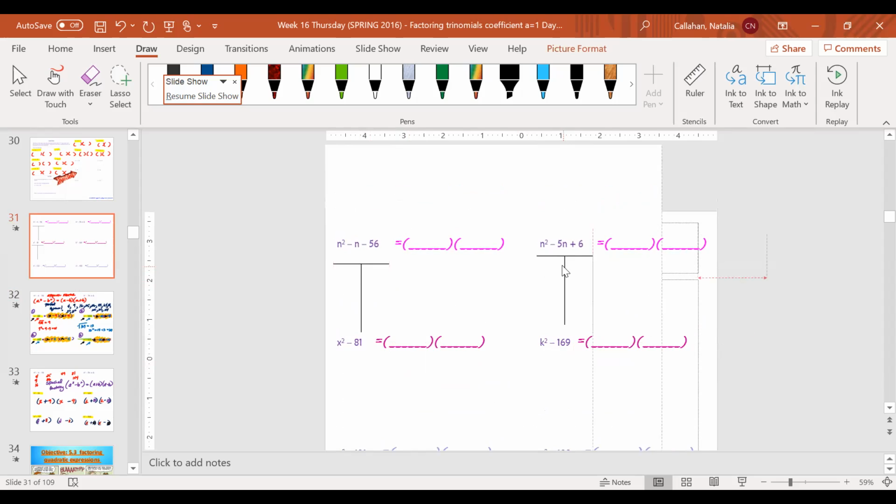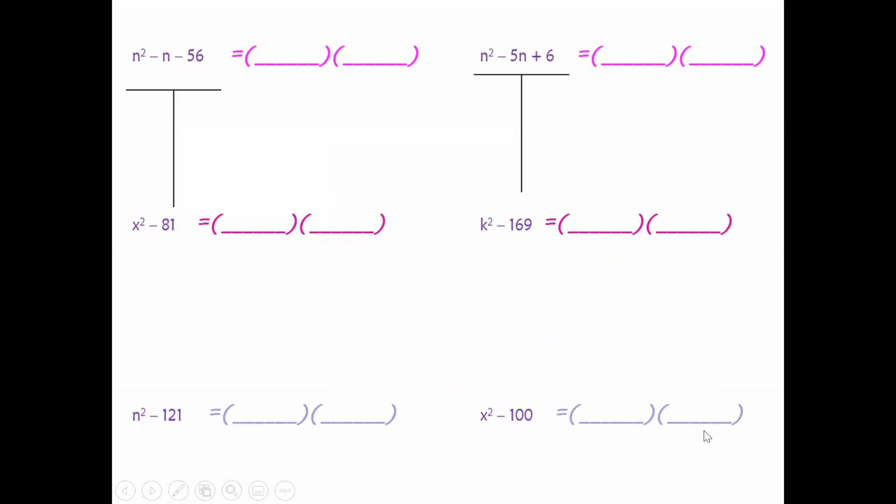Okay, and you just want to draw the T table under the first two. Cool. Now what we're going to do is let's go ahead and proceed forward with this then.